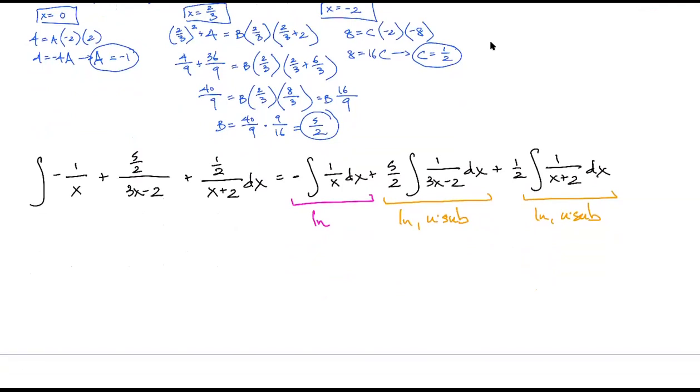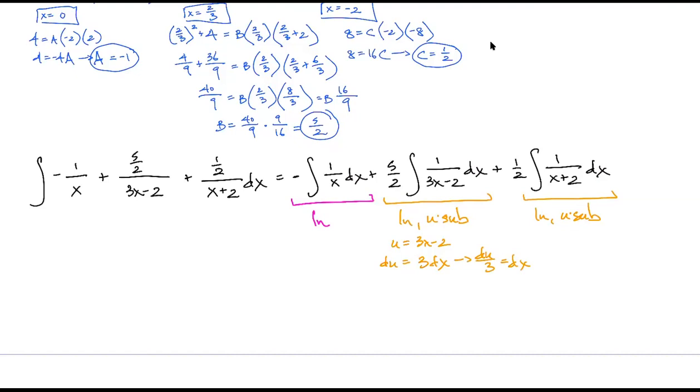So the u for the second one is going to be 3x minus 2. That makes my du 3 dx. And that 3 needs to get divided away so that I end up with this additional multiplying factor 1/3 in my answer. So du/3 equals dx.